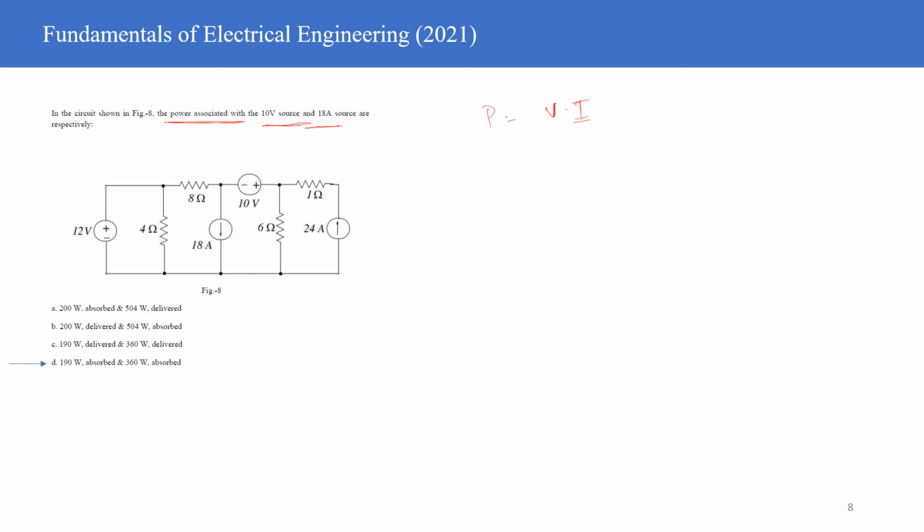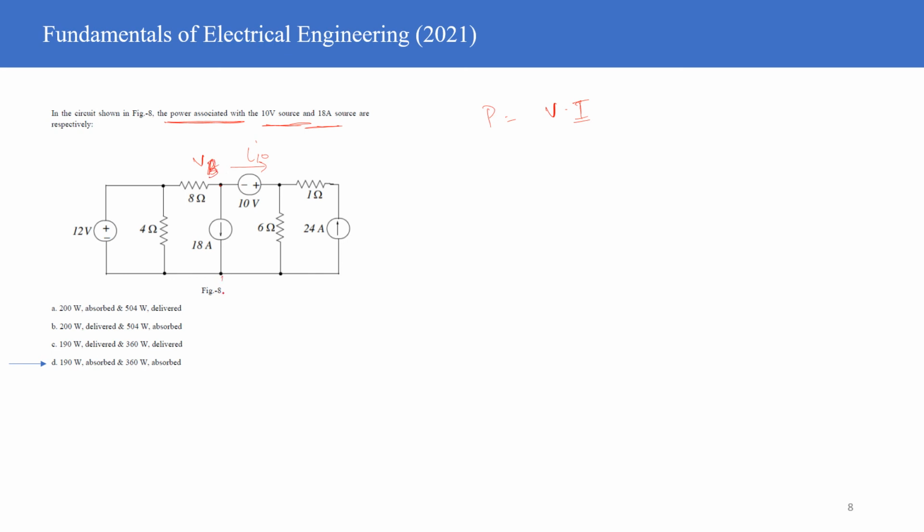So where is the 10 volt? 10 volt is here. So I can assume that the current which is flowing out is I10, right? And I can assume that the voltage at this node is nothing but VB, because the second node.